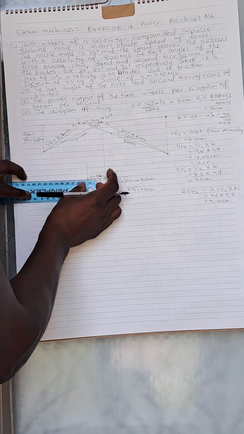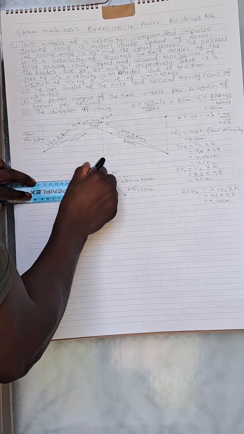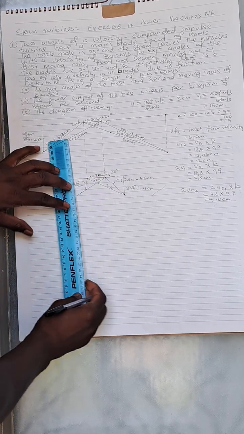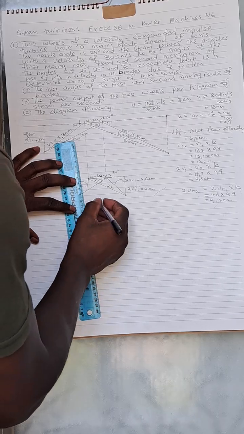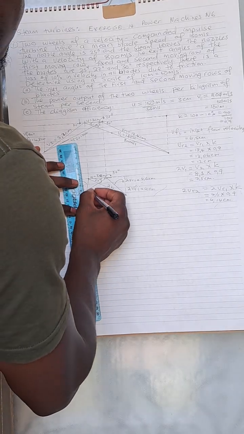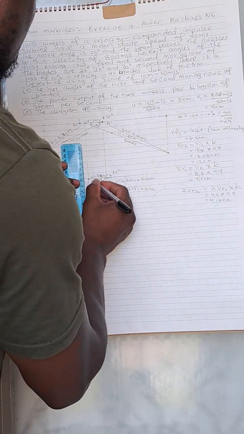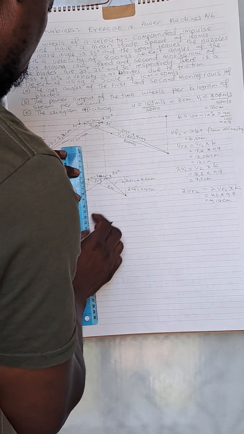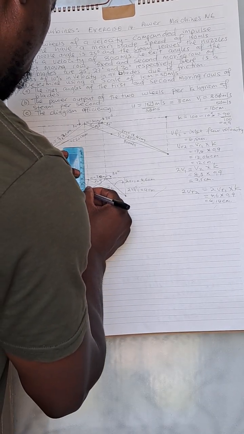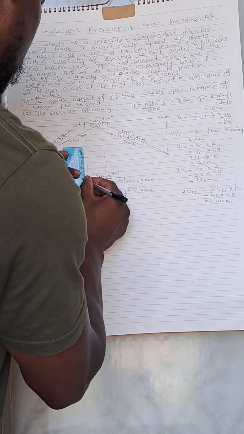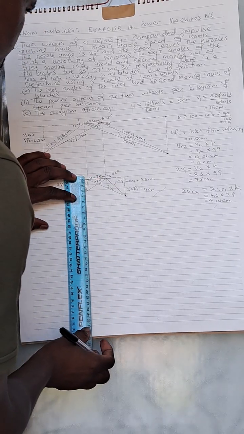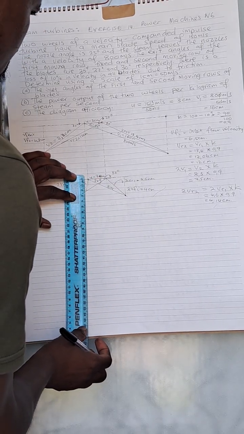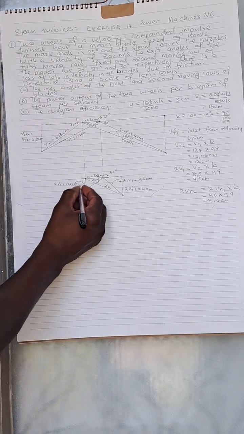And then we come here to our discharge. We check, it measures how many. So make sure it's a straight line. So I'm getting 2.5 centimeters.